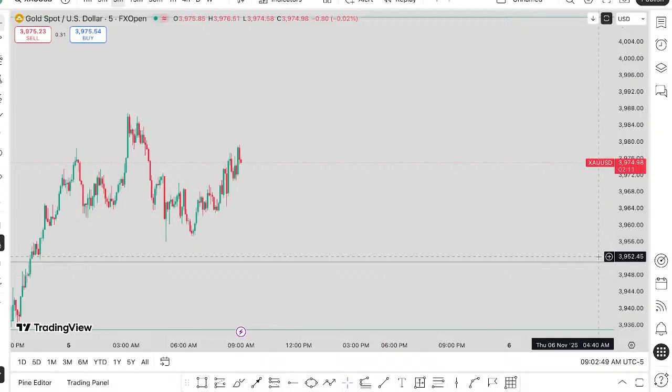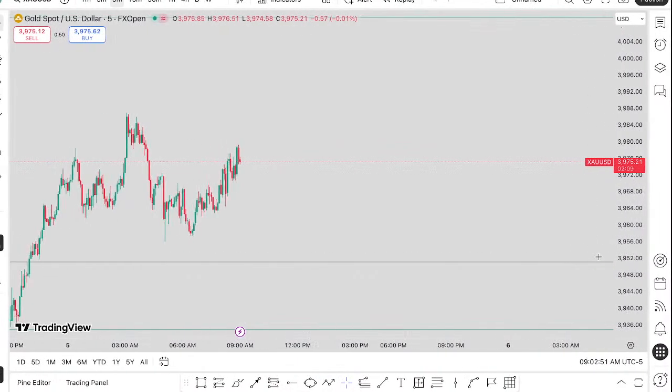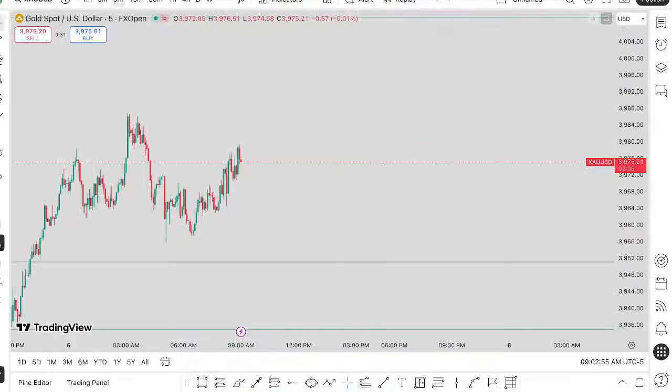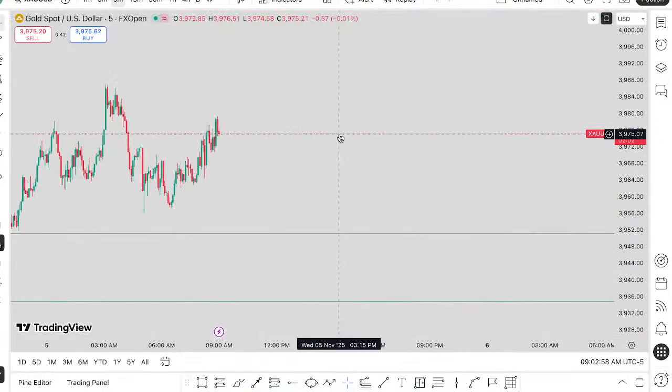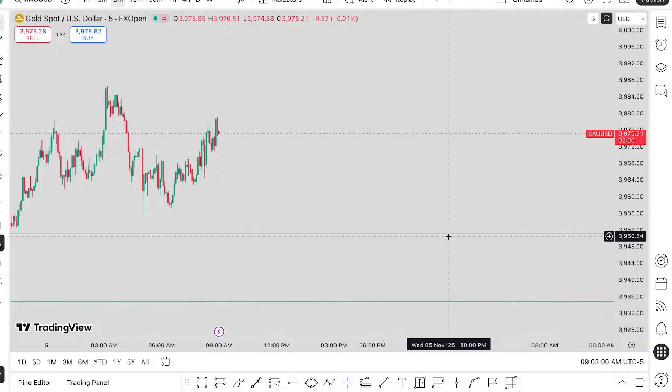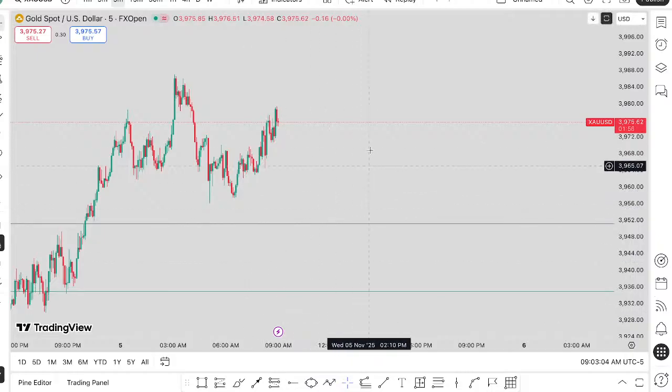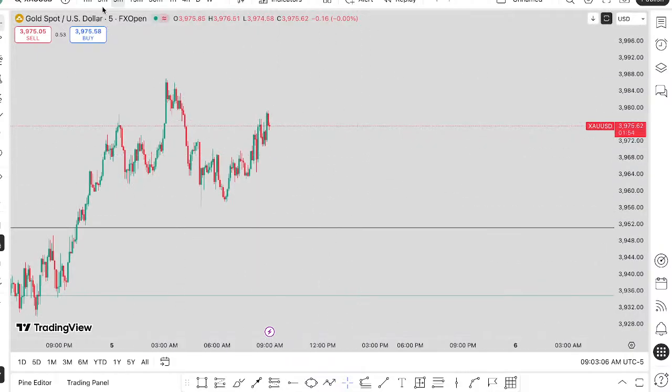Okay, so right now it's New York 9293, and we'll be looking for trade setups.